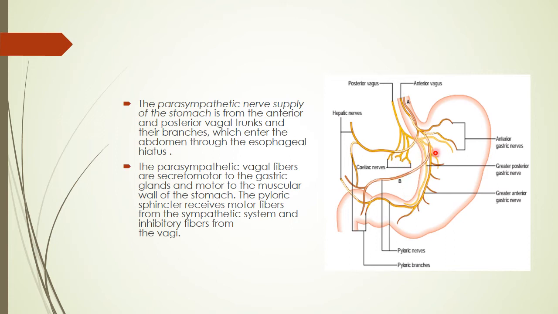These nerves supply the stomach with parasympathetic supply. This parasympathetic supply is secretomotor to gastric glands and motor to the muscular wall of the stomach. The pyloric sphincter receives motor fibers from the sympathetic system and inhibitory fibers from the vagus nerve.